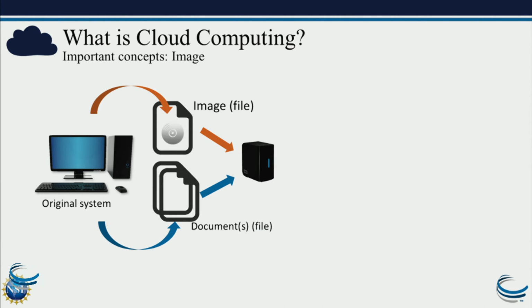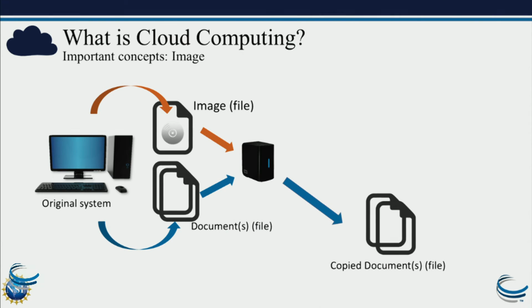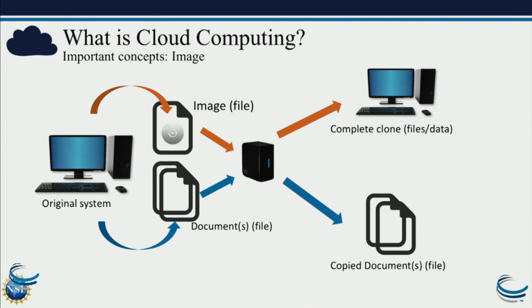And so on the new computer, the documents you would have copied from a hard drive are the same documents. But if you take an image file and put that image onto the new computer, if you re-image the new computer, then your new computer would be a complete clone of the old computer. Everything, no need to install or download new things.